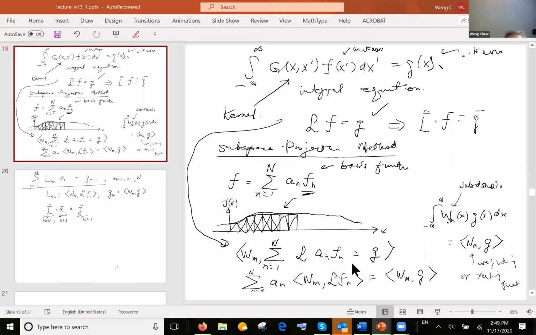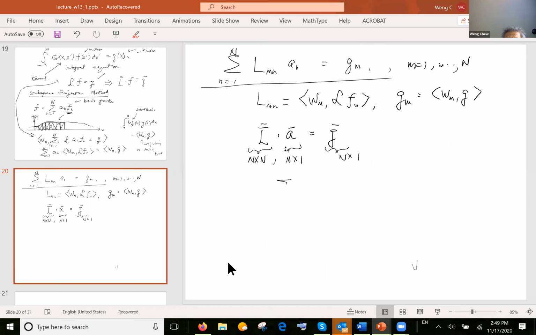Before testing, I have an equation that looks like L, okay, an Fn, n is equal to 1 to n, equal to G, okay? I want these two equations to be equal to each other. And I know that they are like functions in infinite dimensional space. I want to force them to be equal to each other over the domain of the testing function.